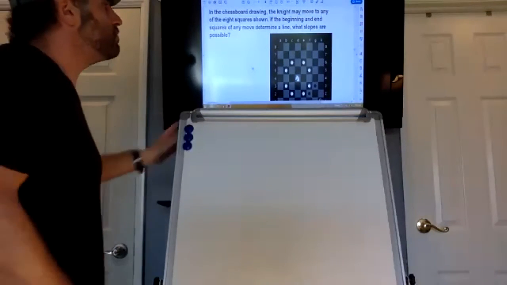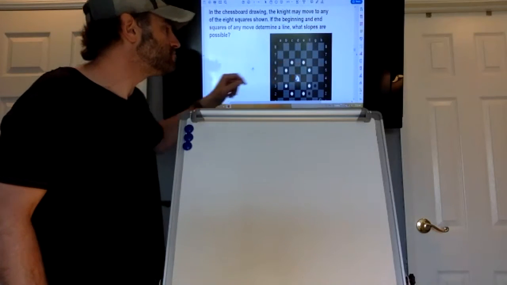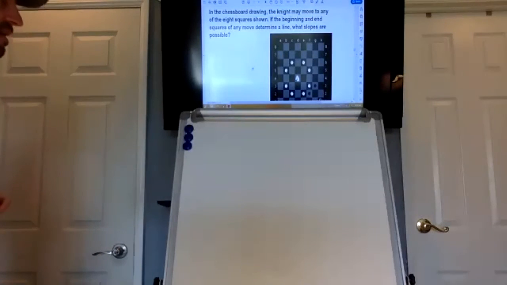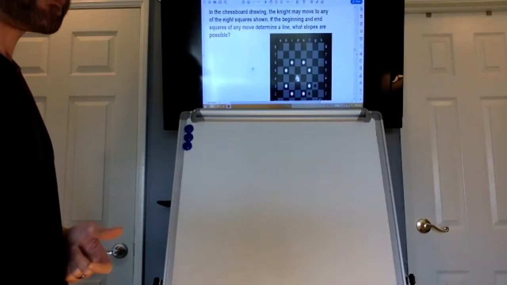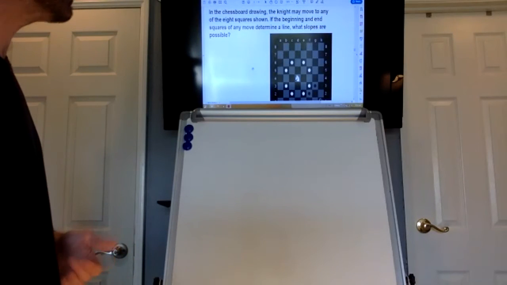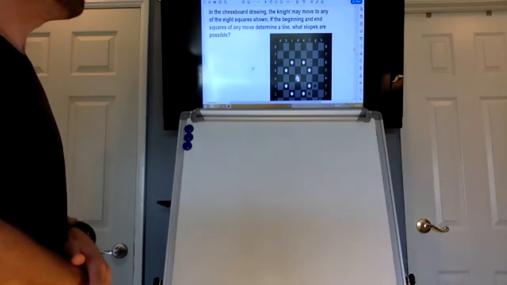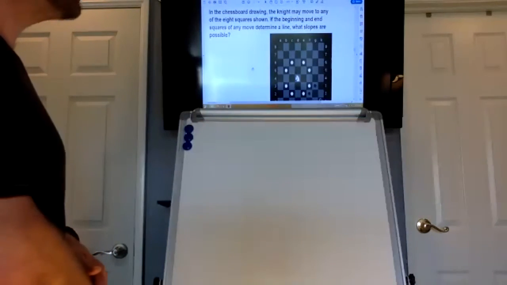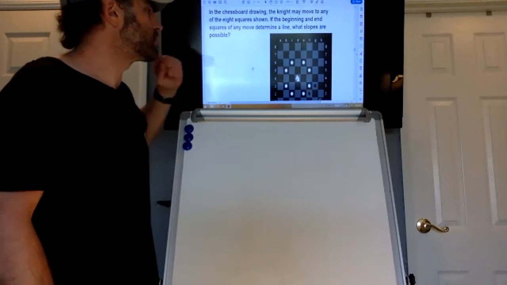Yeah, the knight will be here and then it will be there. The knight will be here and then it will be there. It's the change in the position of the knight over change in a move. Actually, no. It's the change in vertical squares to the change in horizontal squares.